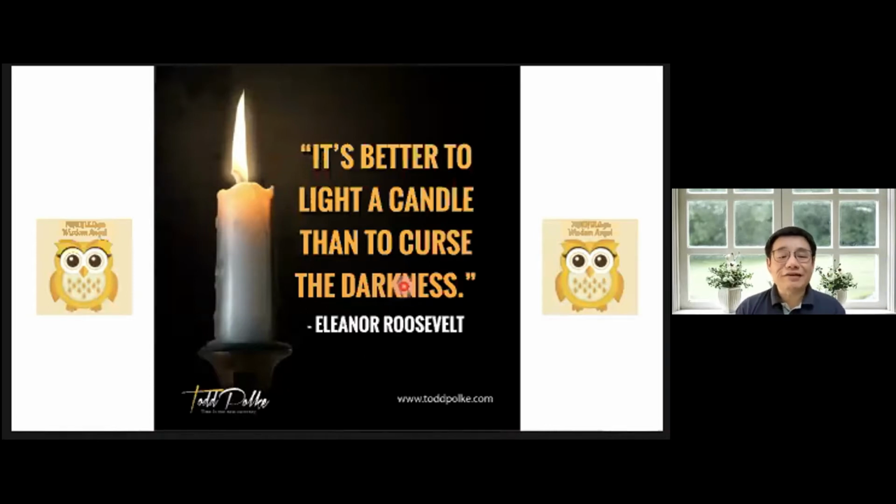Of course, when we are very, very stressed out, we can express our frustration, we can vent our feelings, no problem. I mean, all of us are human beings. But after expressing and venting our stress, we have to move on to the problem-solving step. Always focus on the solution. Light a candle. Don't complain about the darkness.